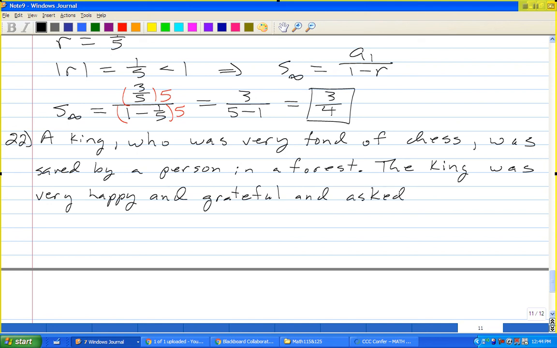Sometimes this is said where the person saves maybe his daughter, for a wish.